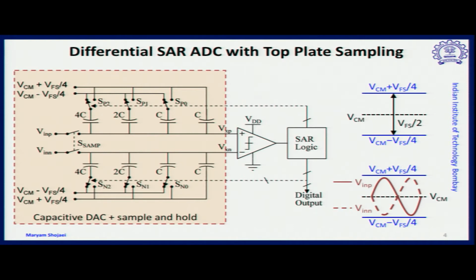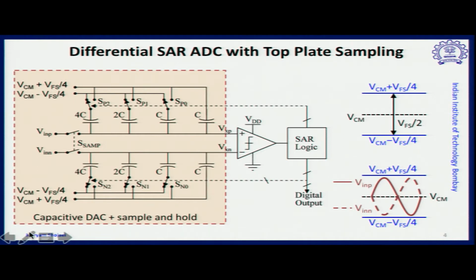So we get the double swing. And each one of them is swinging between V common mode minus V full scale by 4 and V common mode plus V full scale by 4.